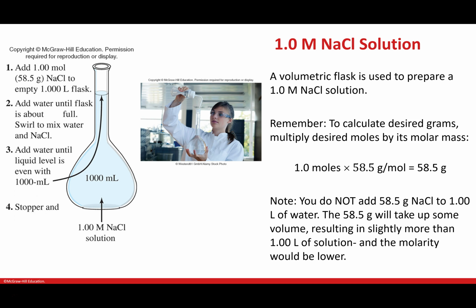You get your volumetric flask, affectionately called vol flask, and it's empty. You put your sodium chloride down there, and then you add about half of the water to get to a liter. The reason is so you have shaking room, because some things dissolve quickly, some things don't. You dissolve all your solid, and then you add enough water to bring it up to the mark.